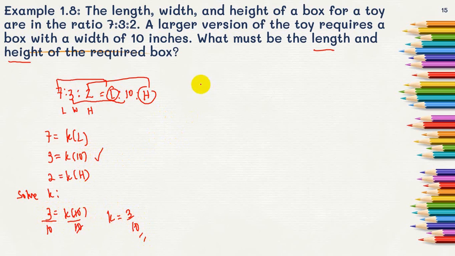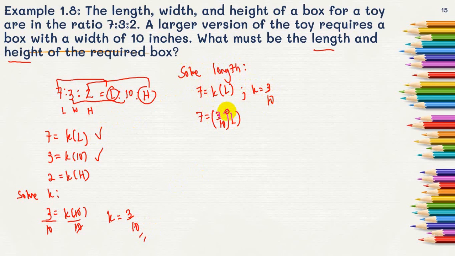We're not yet done. We can now solve for the length. For the length, we will be using the first equation, 7 equals K times L, where the value of K is 3 over 10. Substitute: 7 equals 3 over 10 times the length. Then divide both sides by 3 over 10.